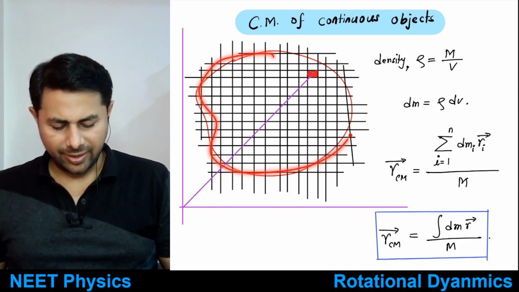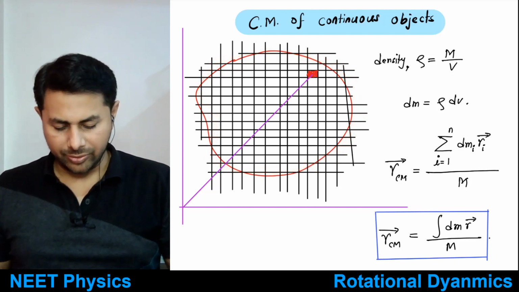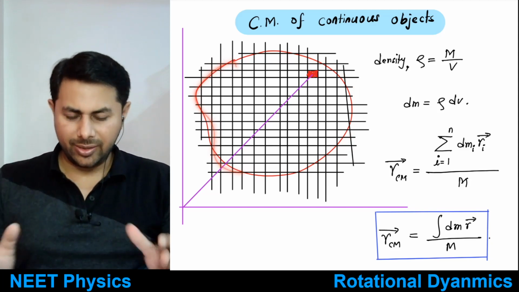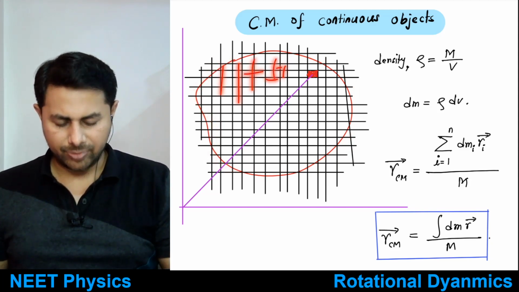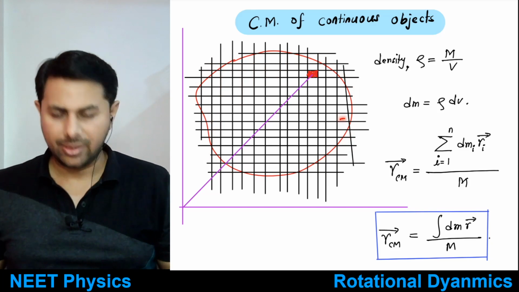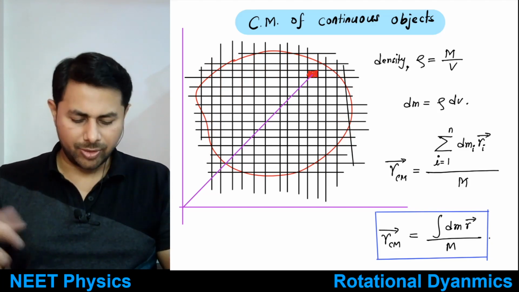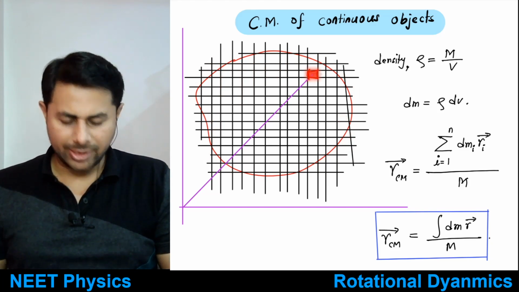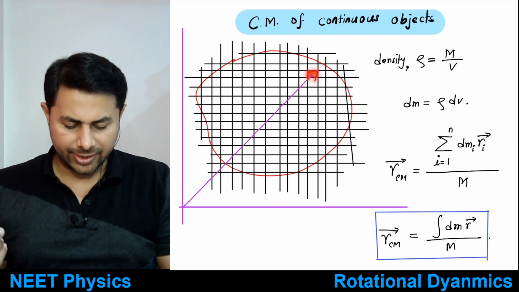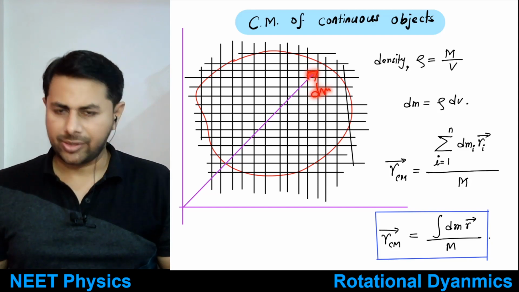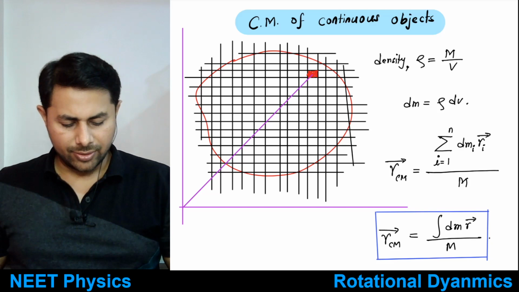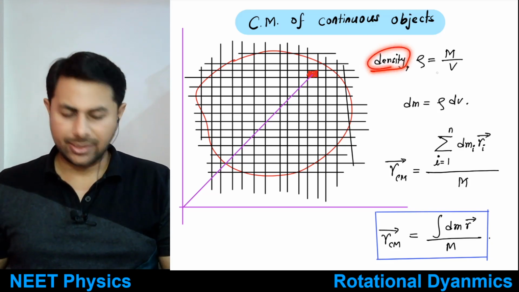What we do is break this body into n number of small segments as shown here. Break means we imagine this body to be made up of these small pieces having mass dm each.